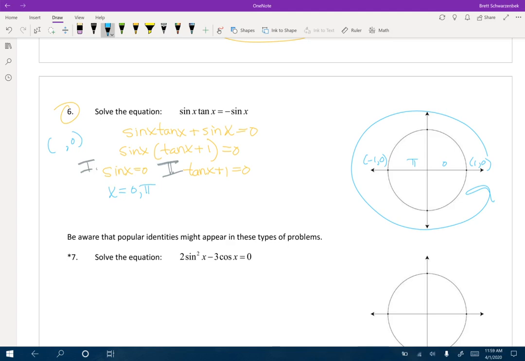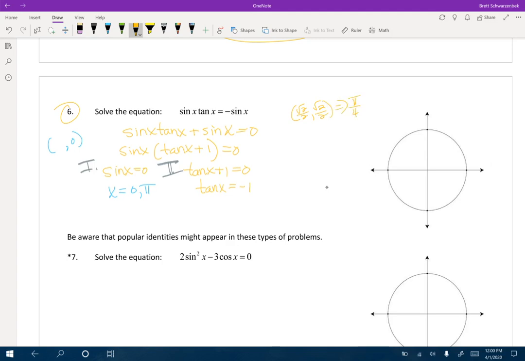Over here, we have tangent x is equal to negative 1. Similar to some of the problems we did before, how do we produce a tangent of 1 to start? Well, that only occurs, y over x, when it's root 2 over root 2, which is at the pi over 4 family of angles.